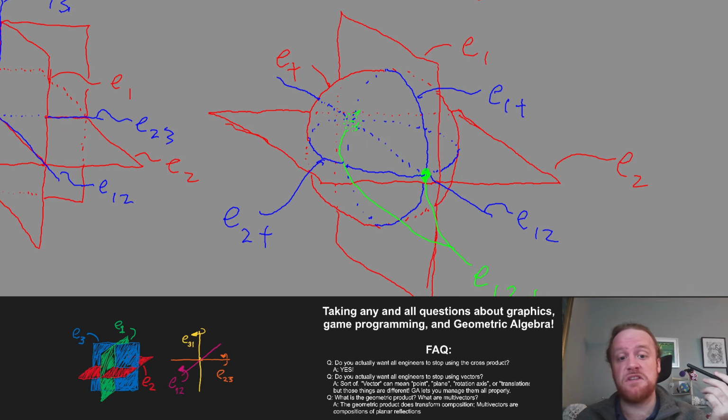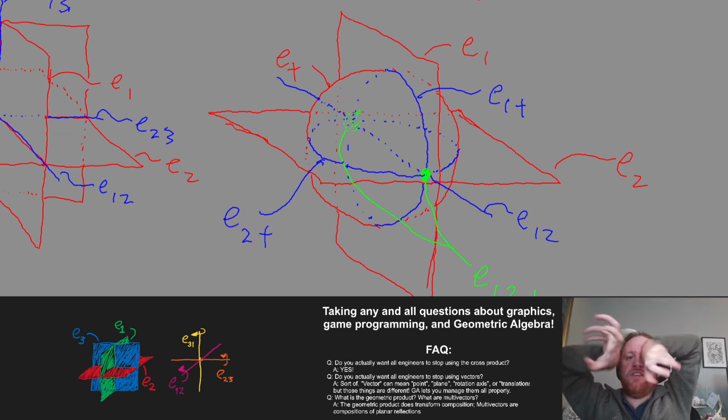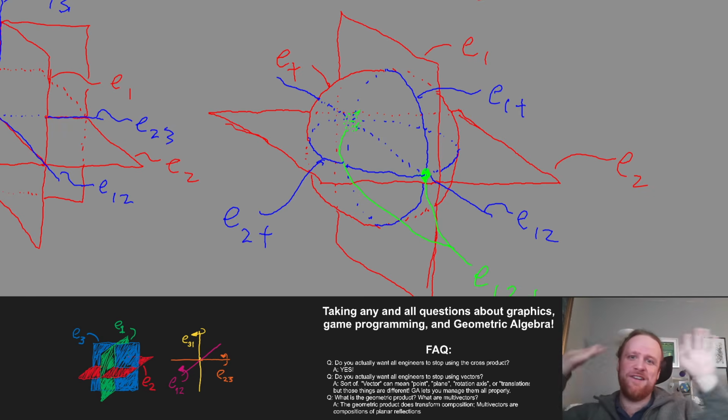The answer is no, because if you perform a reflection in E1, that won't move that point pair. If you then perform a reflection in E2, that still won't move that point pair. And then if you perform a reflection in E+, that still won't move that point pair. So if you transform things using E1, 2 plus, you will be doing some kind of thing which keeps these guys in place, and everything else just goes around it.